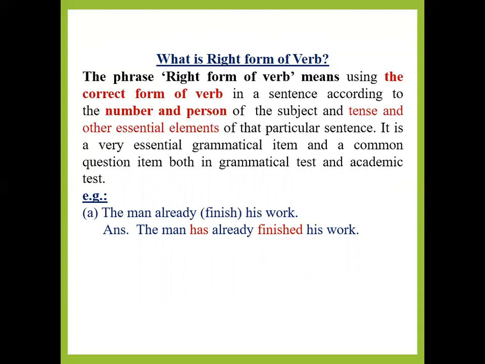Because there is an element of this sentence that tells us about its tense. The element is already, and we know that if a sentence has already in it, the sentence will be in present perfect tense. That's why the man has already finished his work is the correct sentence.